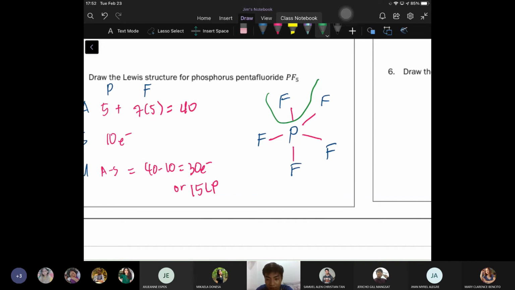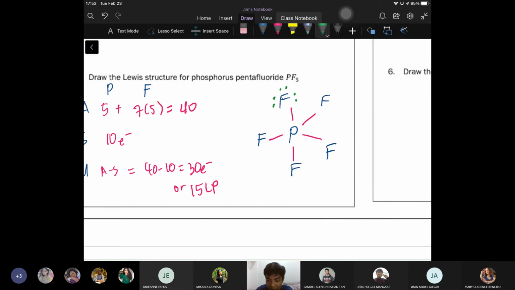May 2 electrons na yan. Anong gagawin natin sa 2 electrons? Kailangan niya ng 3 pang lone pairs or 6 electrons na. So maglalagay ako ng 3 lone pairs or 6 electrons for it to follow octet.